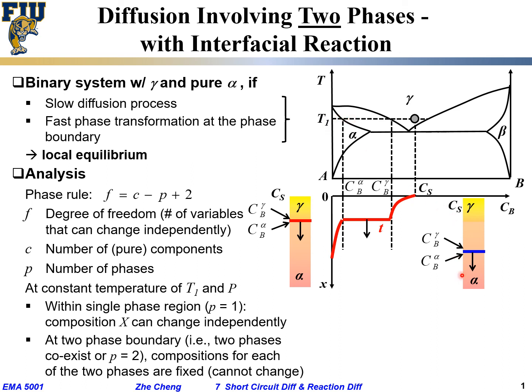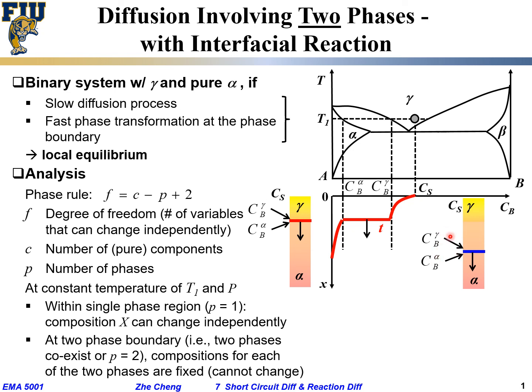It's still CB alpha. Again, CB for concentration of B atom, but the superscript alpha means it's alpha phase. On the other side of the interface, we have CB gamma, solute atom, but in gamma phase. It's still here, right? And these two concentrations actually haven't changed. It's still CB alpha, CB gamma.